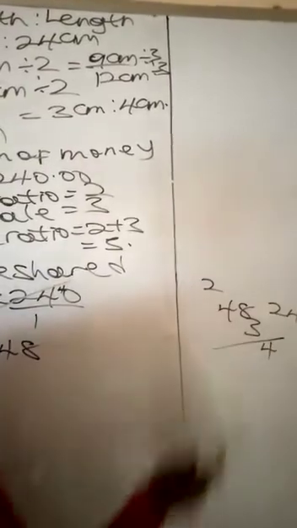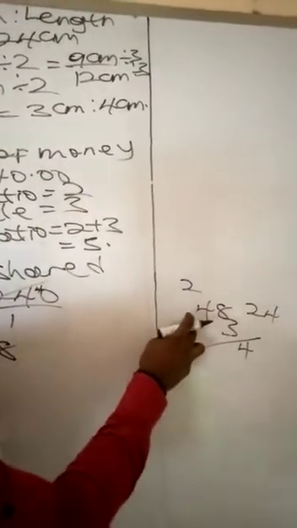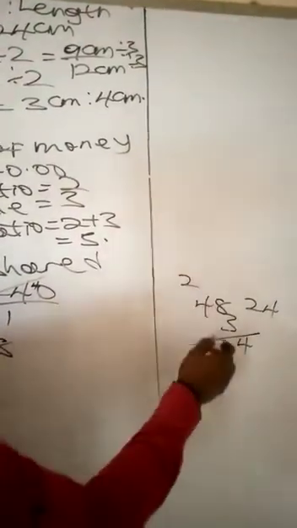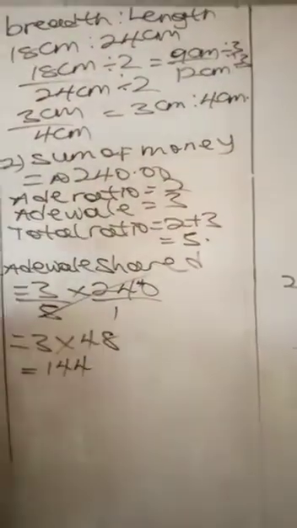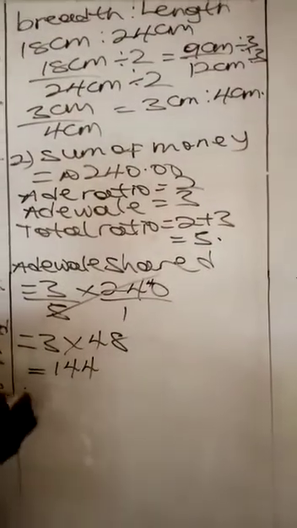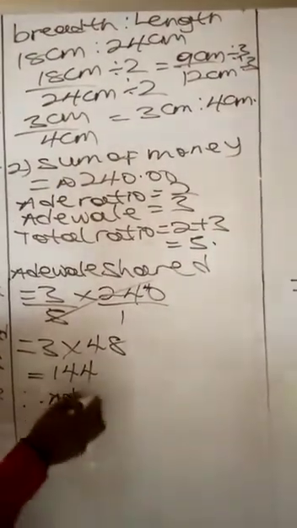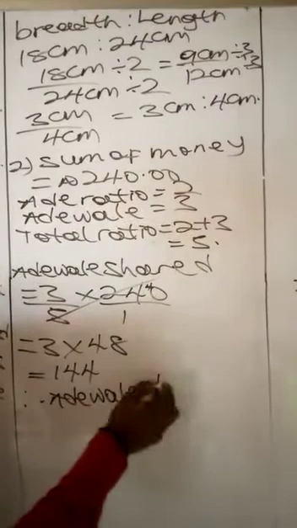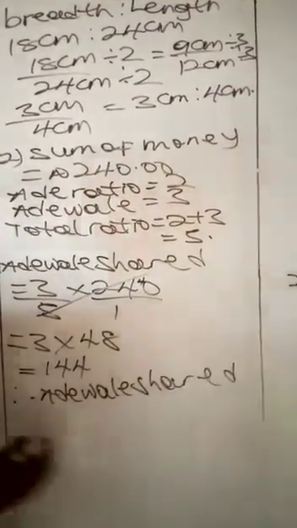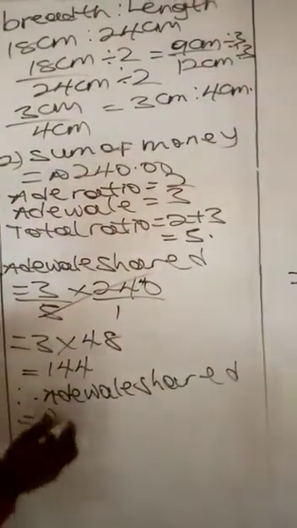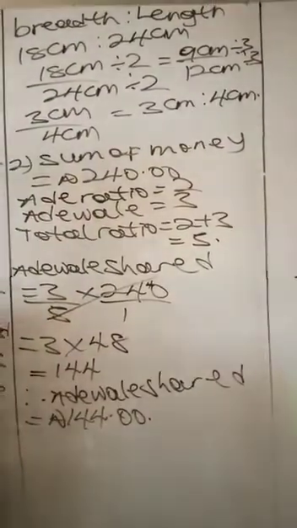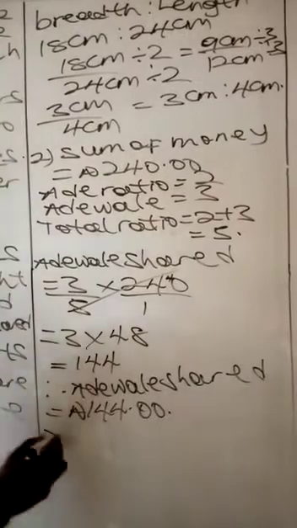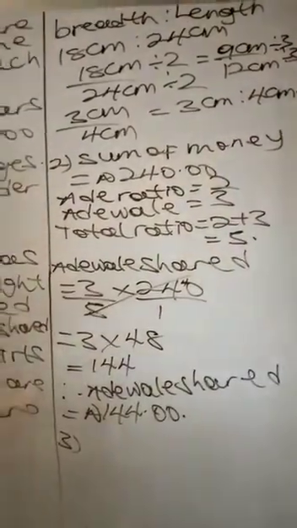We carry 2. 3 times 4 is 12. 12 plus 2 gives us 14. So that gives us 144. Therefore, Adewale's share will be equal to 144 naira 0 kobo.